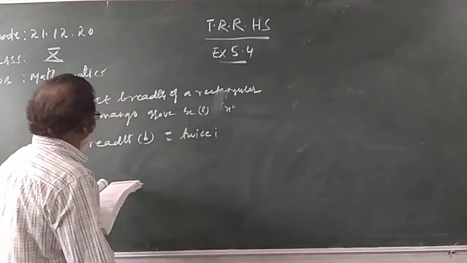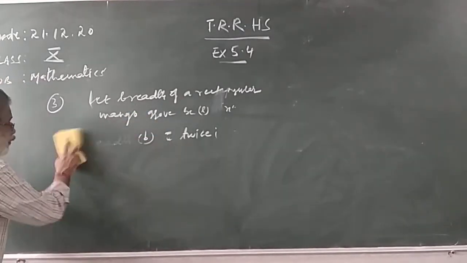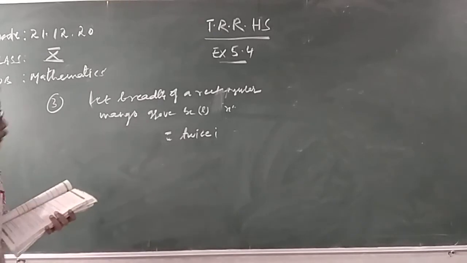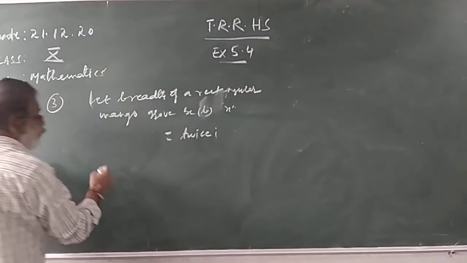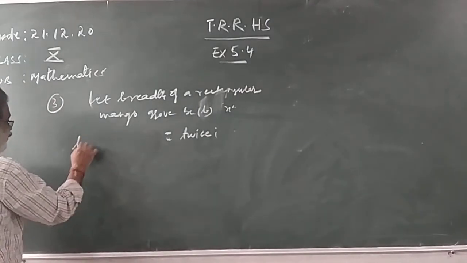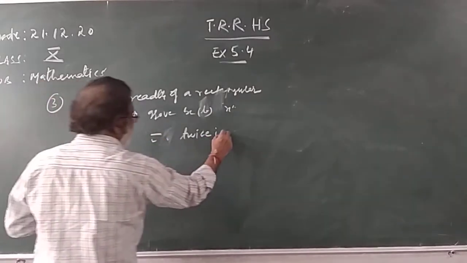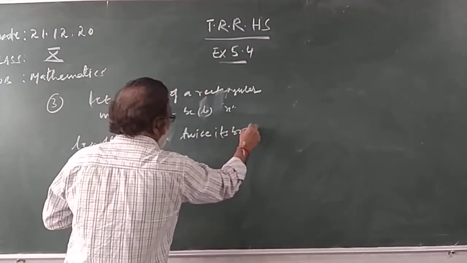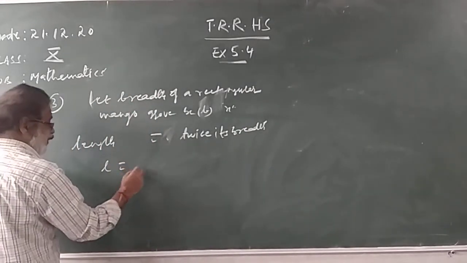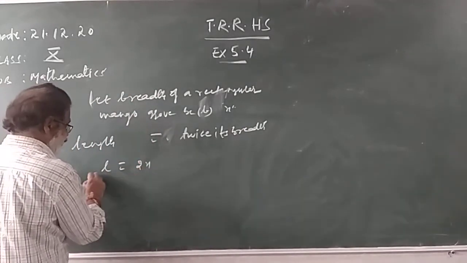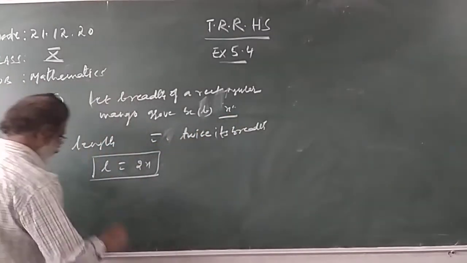The length is twice its breadth. Length L is equal to twice its breadth, 2 into x, 2x. L is equal to 2x, B is equal to x. Area given.